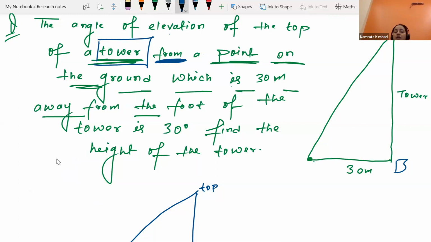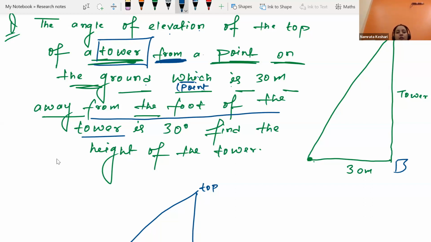Now again we are reading from the very beginning. The angle of elevation of top of the tower from a point on the ground, which means the point is 30 meter away from the foot of the tower.